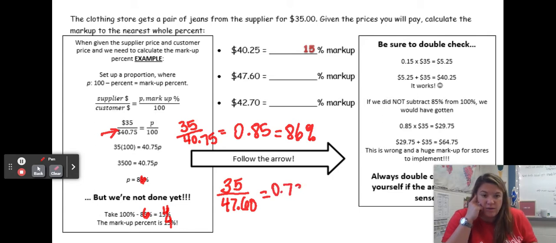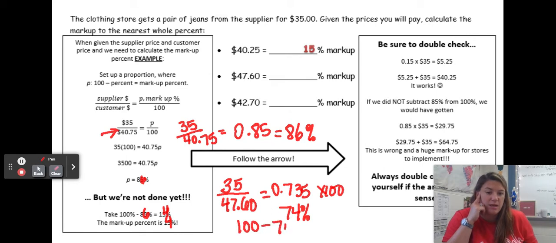So 0.735, multiply that by 100, is about 74%. So the markup is the difference between that and 100. The percent went up 26%.